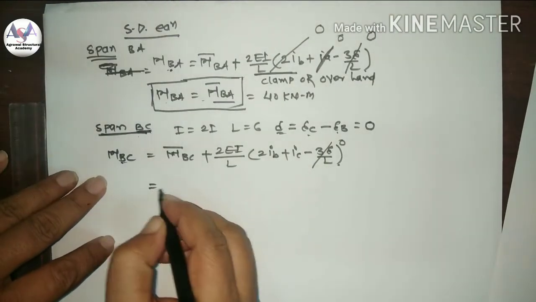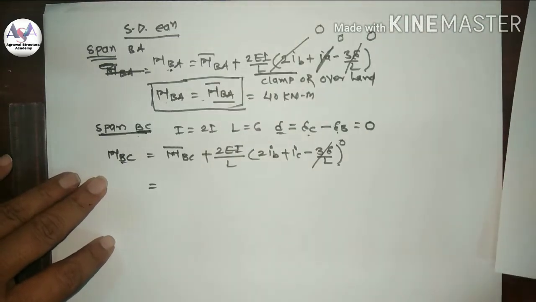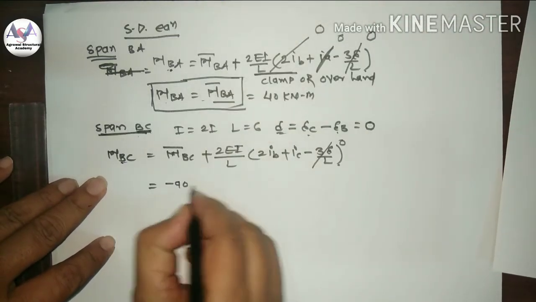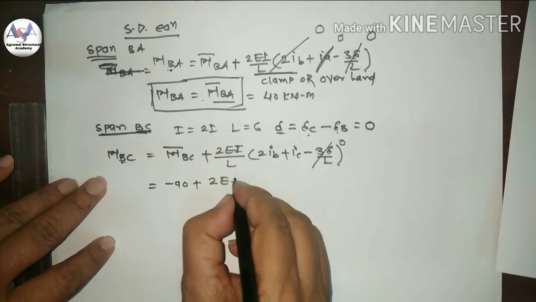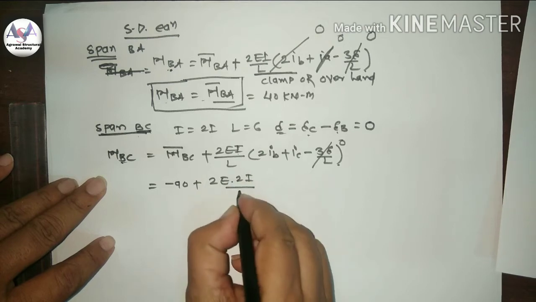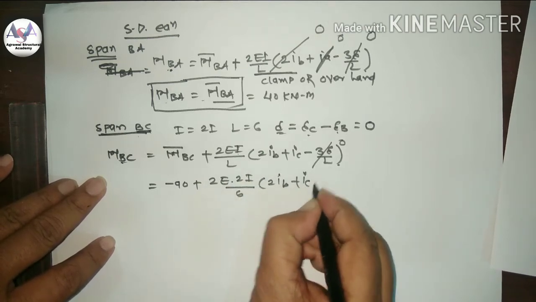So M bar BC how much is minus 90. So minus 90 plus 2EI, I is equal to 2I, then twice IB plus IC.